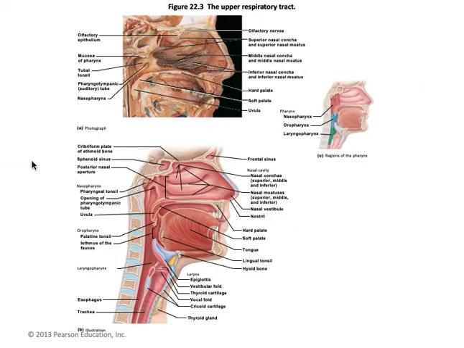There's a lot of detail in this picture, however, it's not detail that we necessarily need to know for all of these structures. The epiglottis is labeled here, which is helpful, and again, we have a pretty good perspective here of that esophagus and the trachea anterior to it. Here, we do have your nostril labeled.